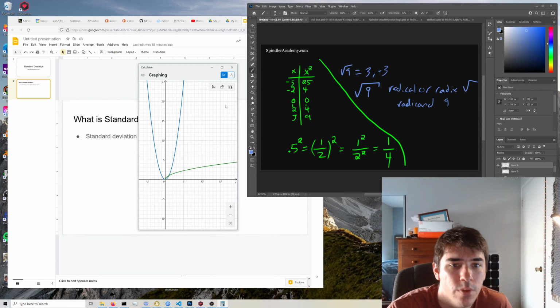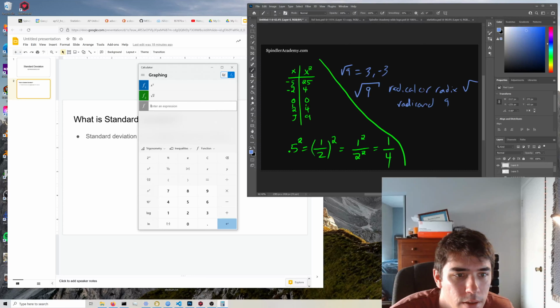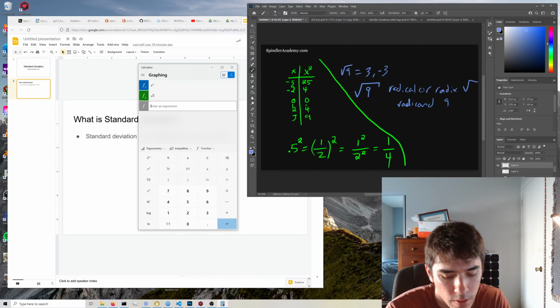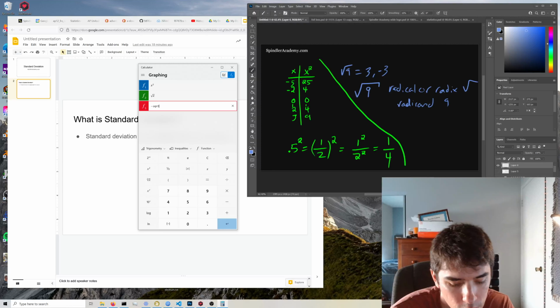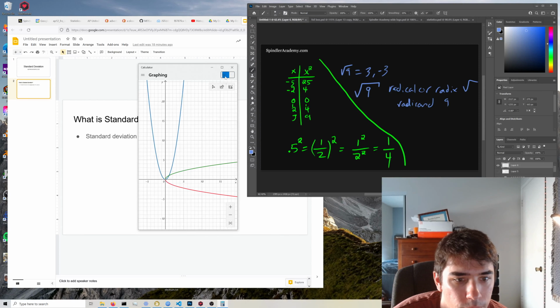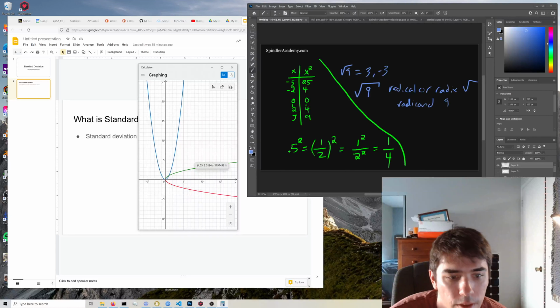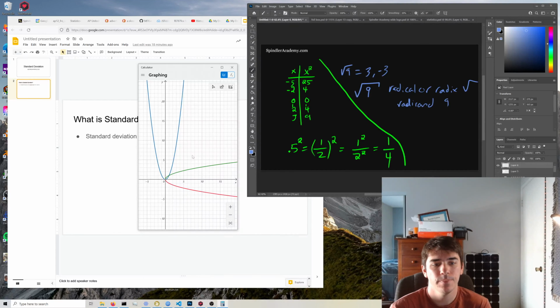So I could add negative sqrt of x. If I add that in, you'll see we get, oh, okay, there's the other half of the parabola.